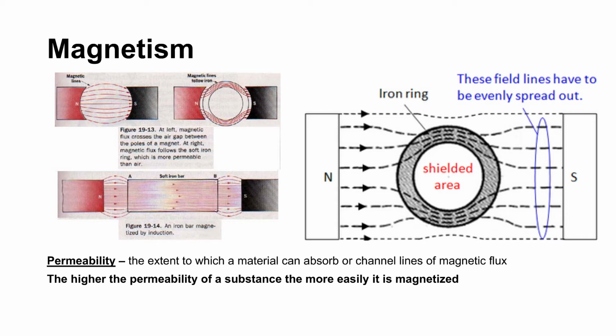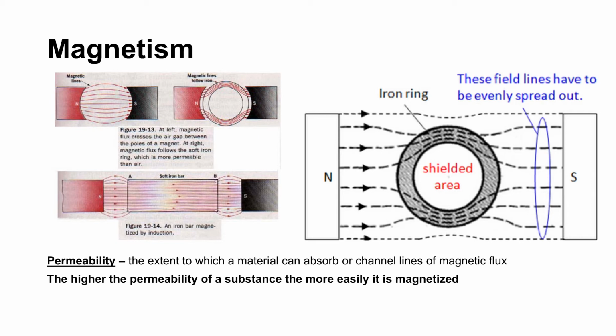And what it shows is that because the iron is more permeable than the air, the lines are channeled through the iron and away from the air. So you end up shielding the area inside the iron ring because the lines go into the iron and do not travel into the shielded area.